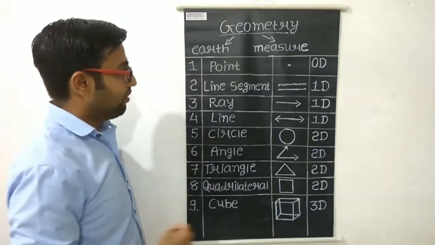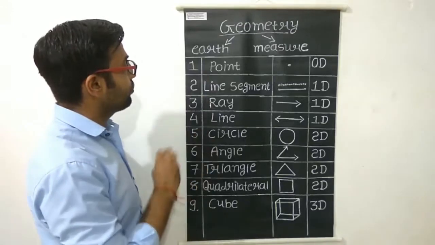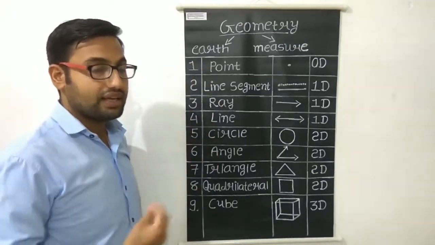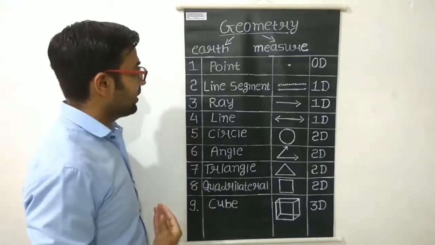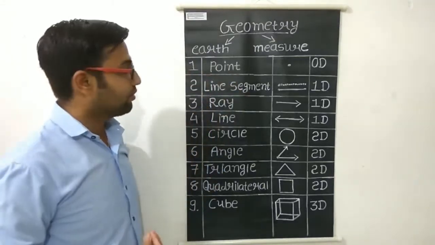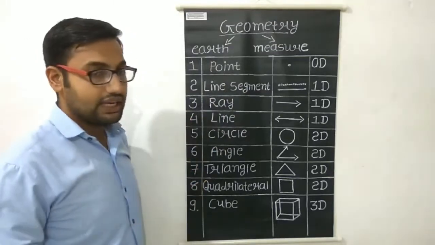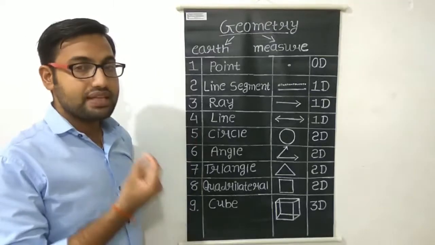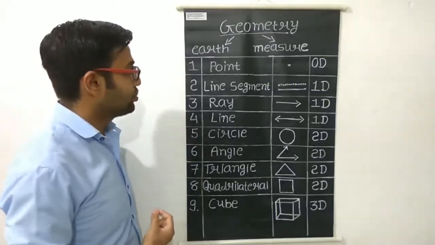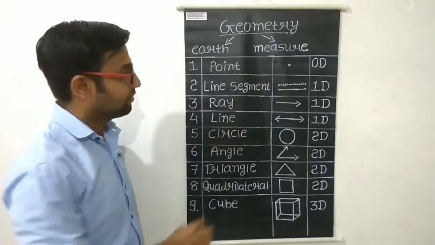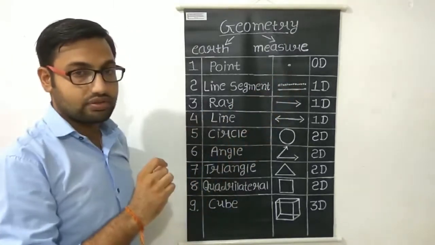Okay. So whenever we want to use this term geometry, the very basic element of geometry is a point. The first terminology that we have to study about geometry is a point, and the point is called the very basic element of geometry. This is the sign of the point, a single dot, right?